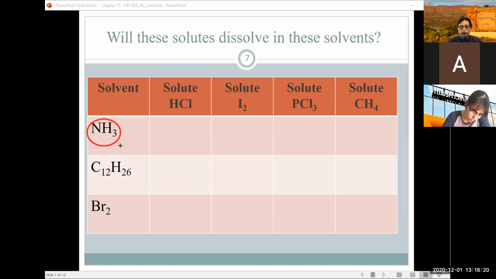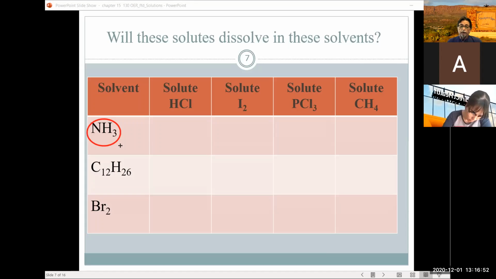You do the Lewis dot structure, and you'll find out that we have the nitrogen, the central atom, and 3 hydrogens bonded to the central atom. And then you end up with a lone pair on that nitrogen. That lone pair takes up a lot of space compared to the others. And as I mentioned before, every time you see a lone pair on a central atom, you automatically think polar. So we have a polar species. Ammonia is very polar.